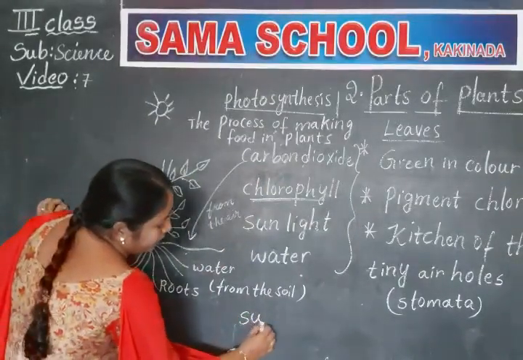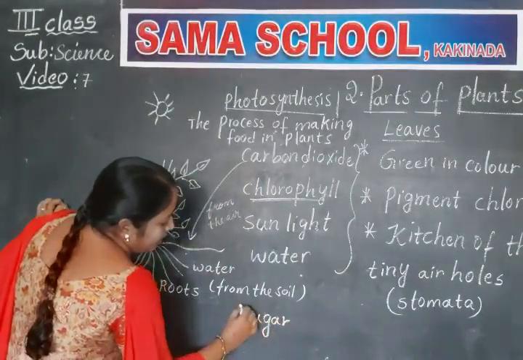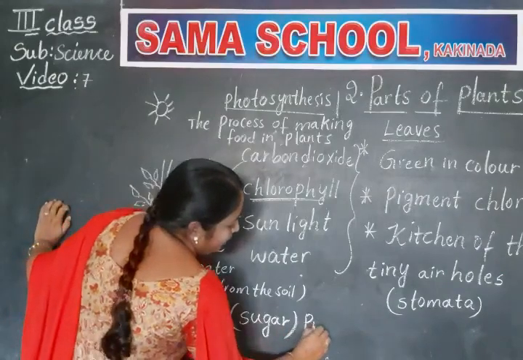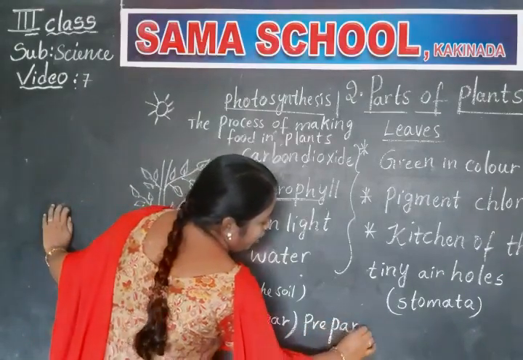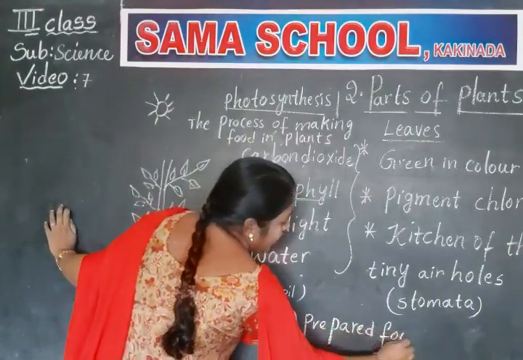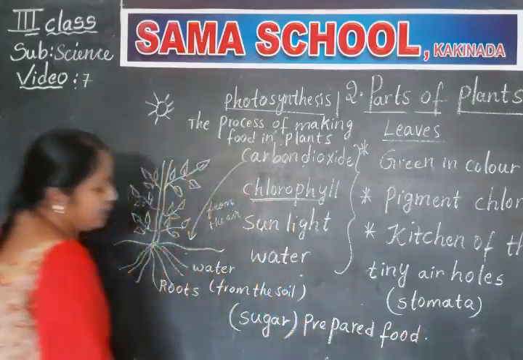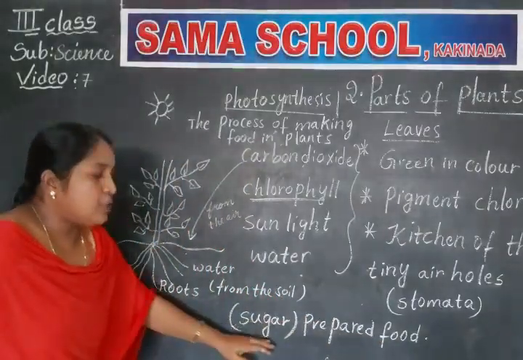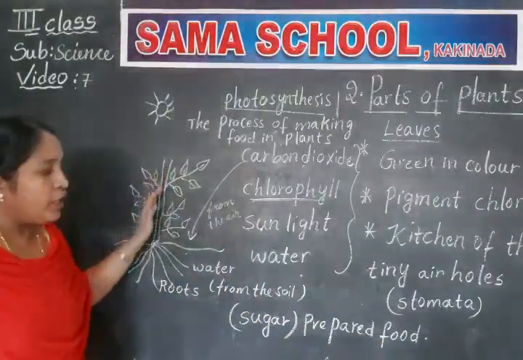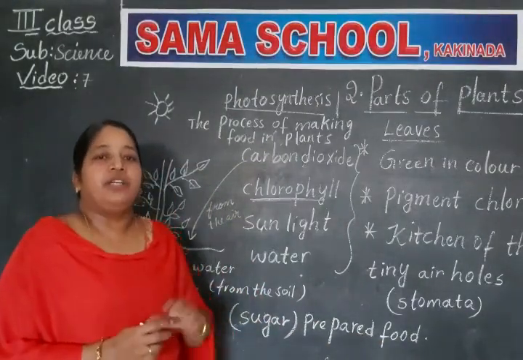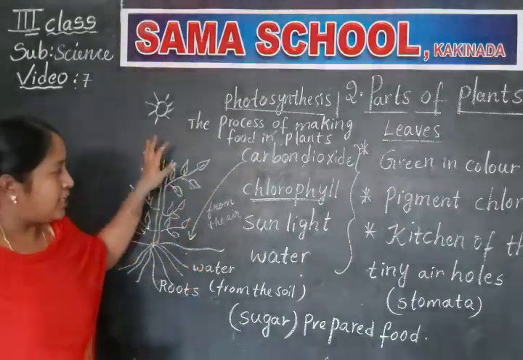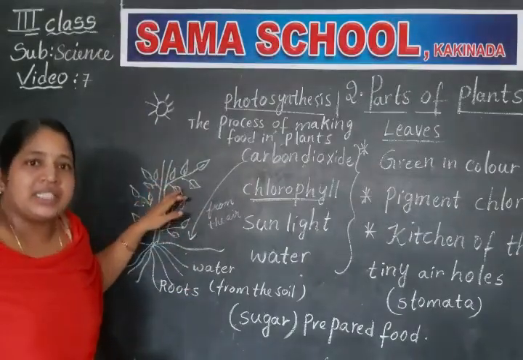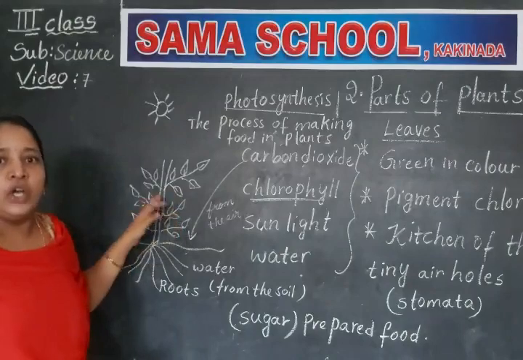The prepared food of the plant is called sugar. The plant uses some of this food for its growth.